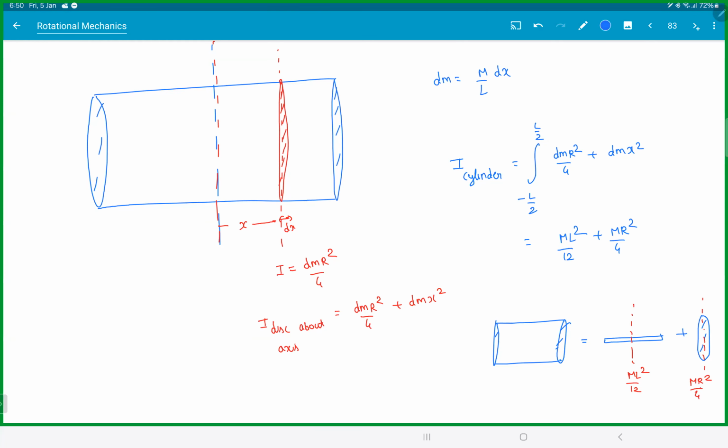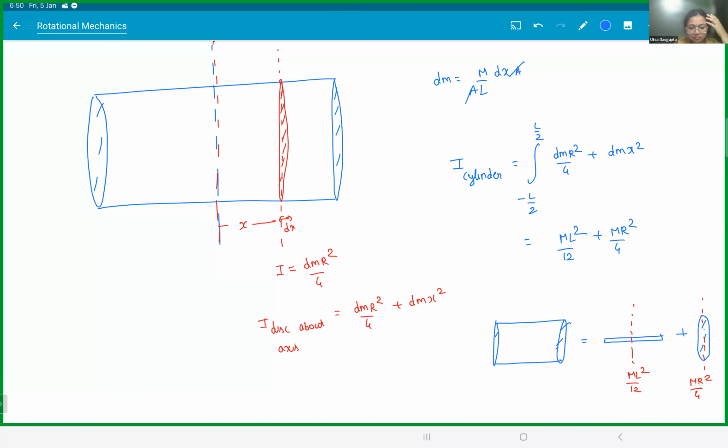Clear with this? So the element is a disk, right? So how are you taking m by L and then into dx? Same thing, I took a disk of thickness dx, isn't it? Should I take the volume? Okay, let's take the volume, multiply by area, the volume comes, right.